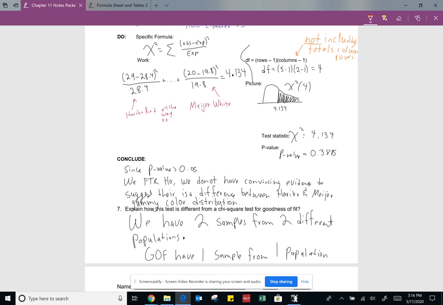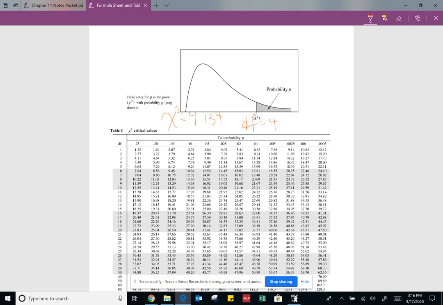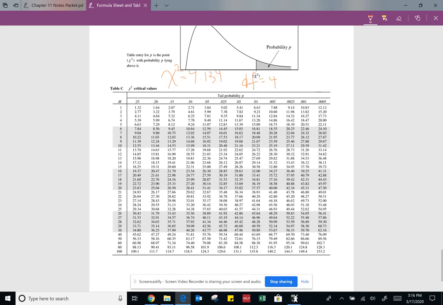We then find our p-value by going on to table C, chi-squared of 4.134, degrees of freedom 4. So go to degrees of freedom 4, and you'll notice that our chi-square would land somewhere around right here. So we know it's going to be a p-value that will be greater than 0.25.